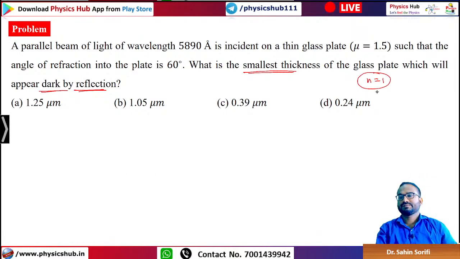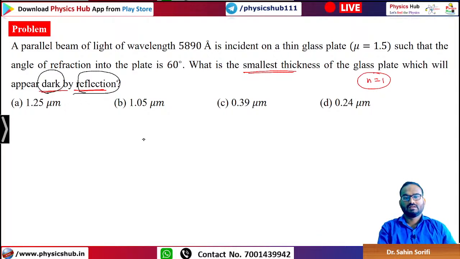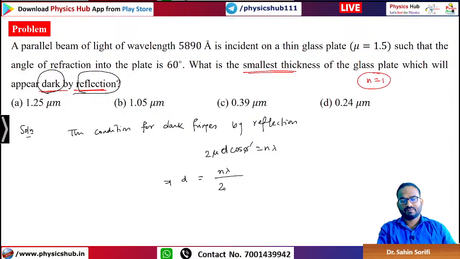Look, the smallest thickness for which the glass will appear dark by reflection. So the condition for a dark fringe by reflection: twice mu d cos phi prime equals n lambda. So d equals n lambda by twice mu cos phi prime.